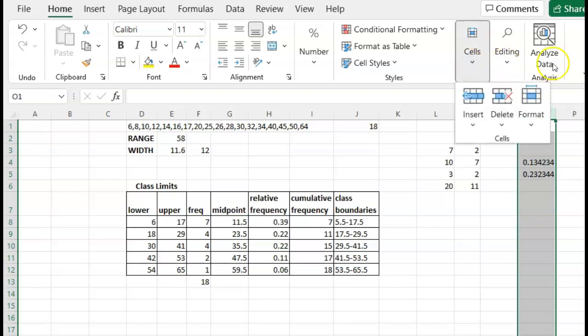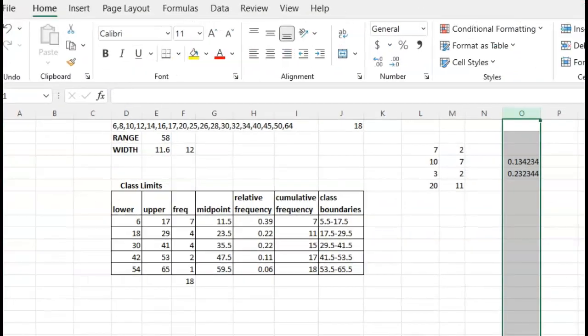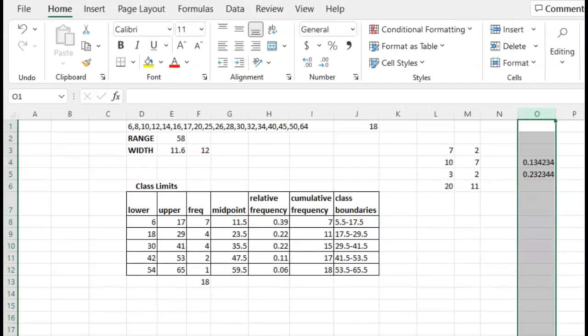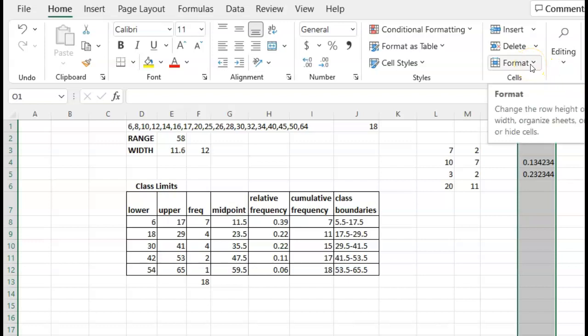I can't do it without seeing the whole thing. Hold on one second. And it's format cells. I want to be able to show you that. Format cells in your menus. And first you select what cells you want to format. So I've highlighted this whole column.